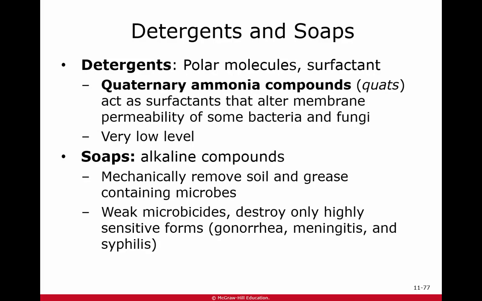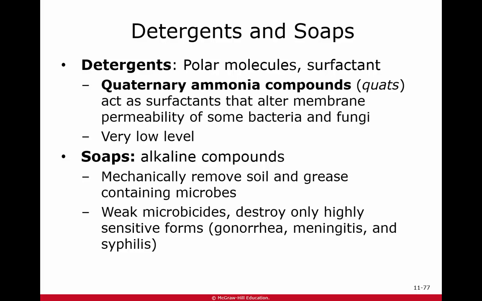And then they also look at detergents and soaps. Typically what detergents are going to do is target cell membranes. They're going to cause the cell membrane to lose its permeability and in turn destroy the bacteria or the fungi. We think about detergents like dish detergent or clothing detergents. Soaps are going to do similar things. Soaps are going to try to mechanically remove the soil, remove the grease that contains the microbes in it.